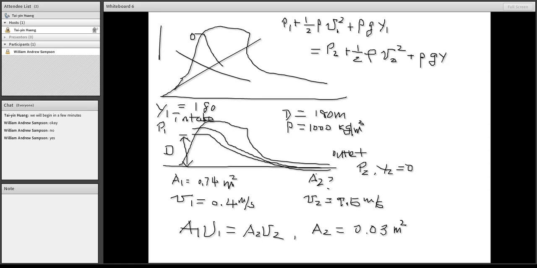So you can see that your rho, V1 and V2 are all given. Your Y1 and Y2 are also given.